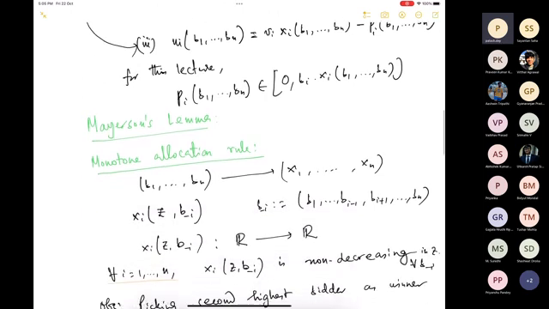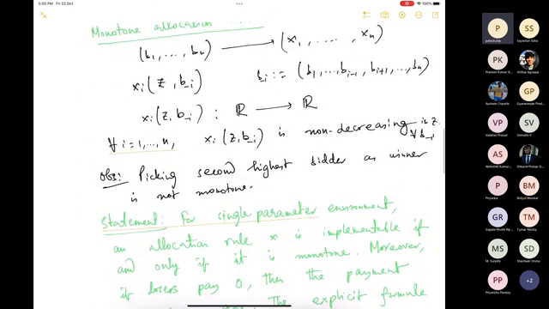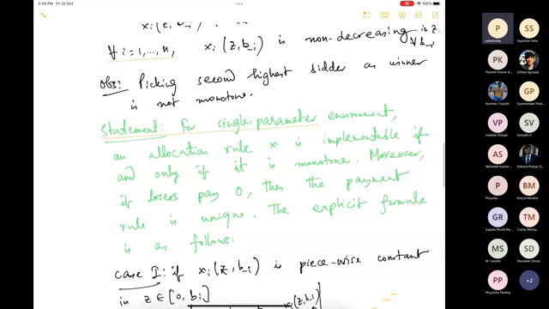Then we saw Myerson's lemma. It is a strong result which says that for a single parameter environment, an allocation rule x is implementable, that means it is possible to come up with a payment rule so that the allocation rule plus the payment rule will be dominant strategy incentive compatible, if and only if the allocation rule is monotone.